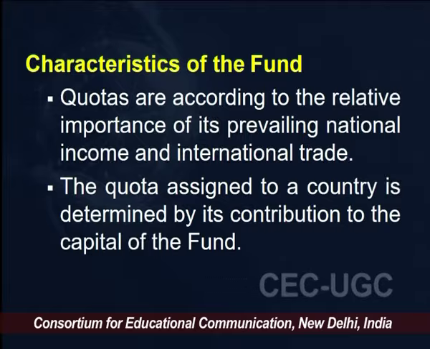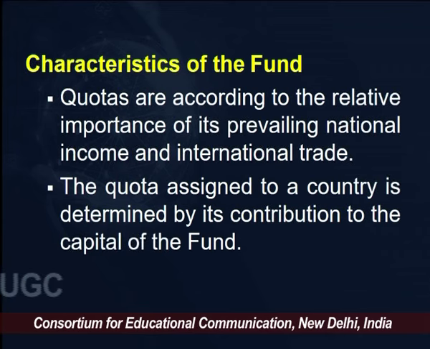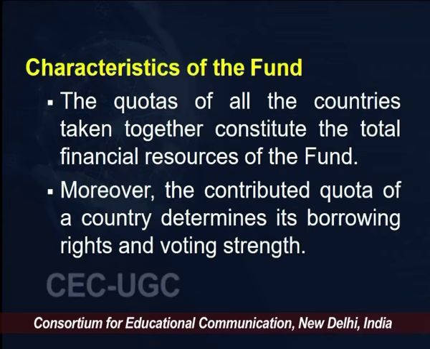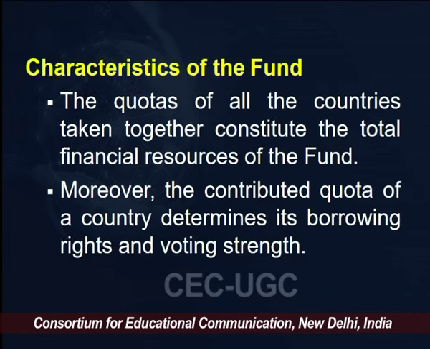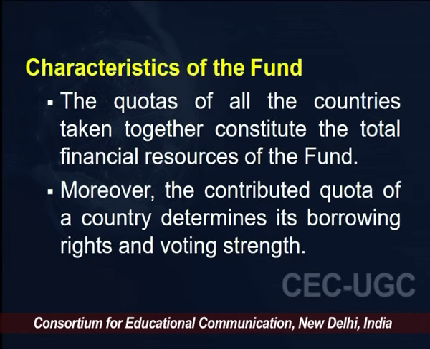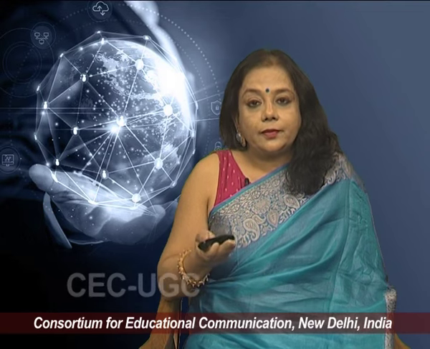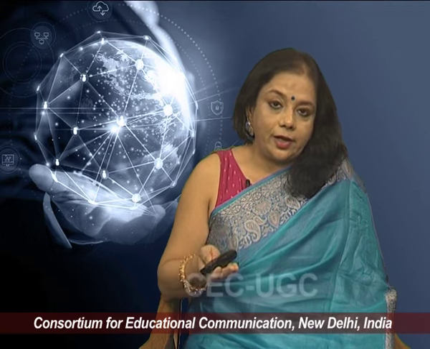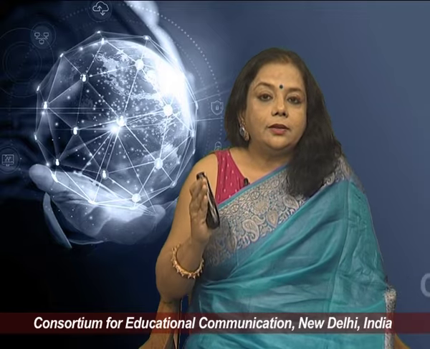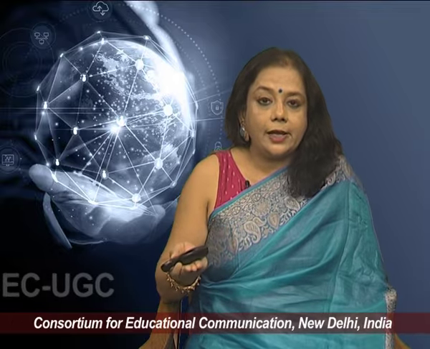The quota assigned to a country is determined by its contribution to the capital of the fund. The quotas of all the countries taken together constitute the total financial resources of the fund. Moreover, the contributed quota of a country determines its borrowing rights and voting strength. So, the more the contribution, the more is its borrowing rights or voting strength.